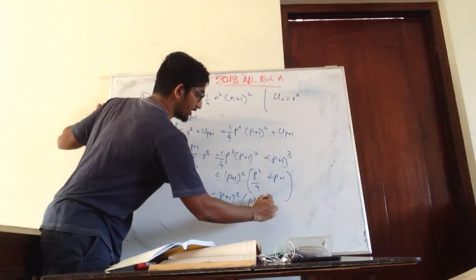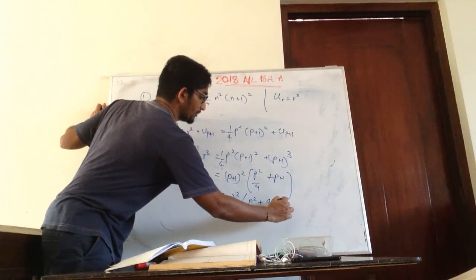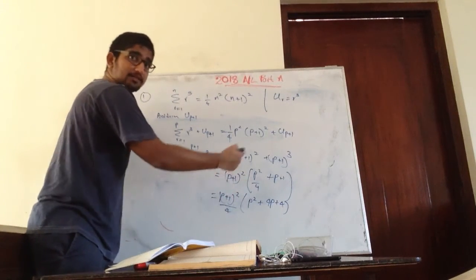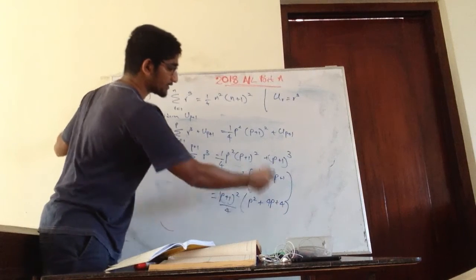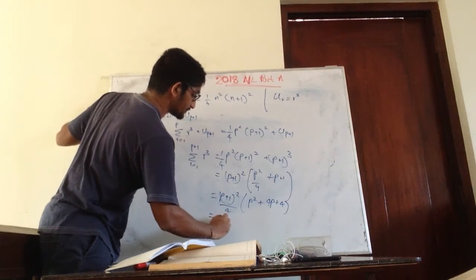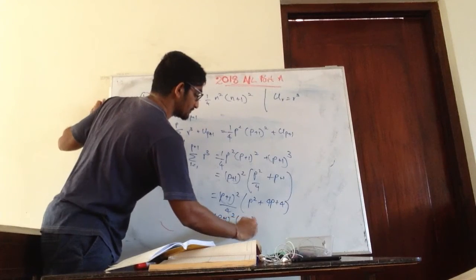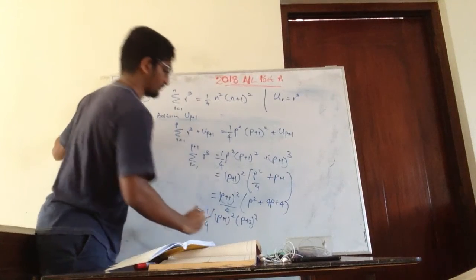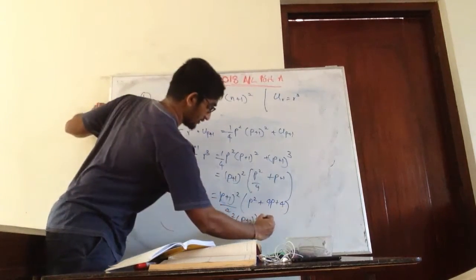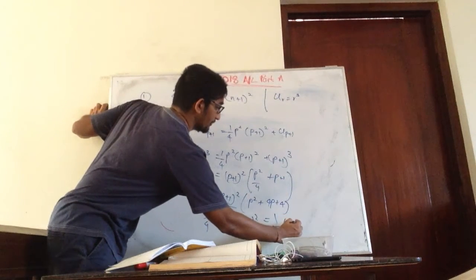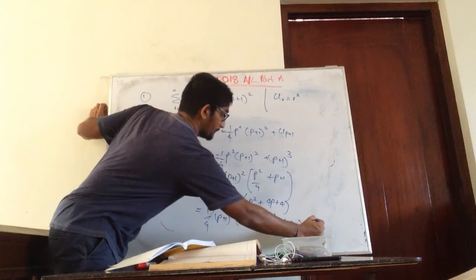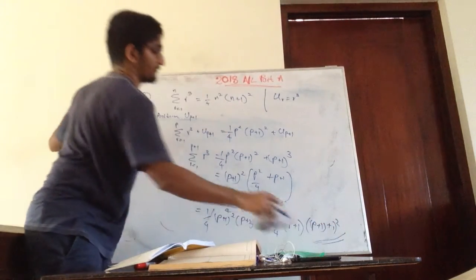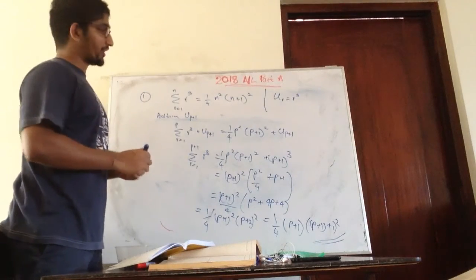Then this will become p squared plus 4p plus 4. So this is basically (p plus 2) squared. So you can write this as 1 over 4 (p plus 1) squared (p plus 1 plus 1) squared. Right? So you can write this down.